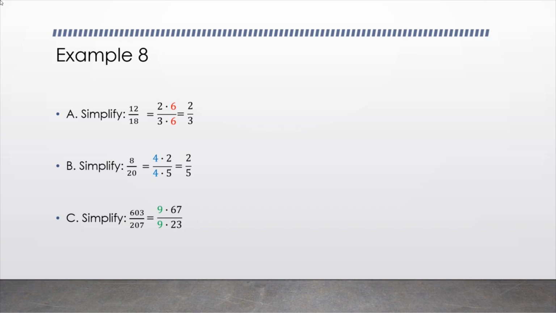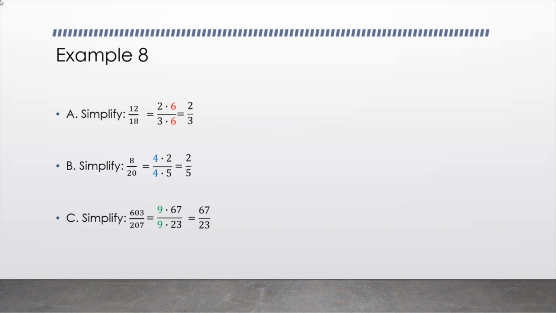Now 23 is prime. I think 67 is too. So I'm pretty much done. If you could go further, you would want to continue to simplify until you can't simplify anymore. But yeah, that's it.